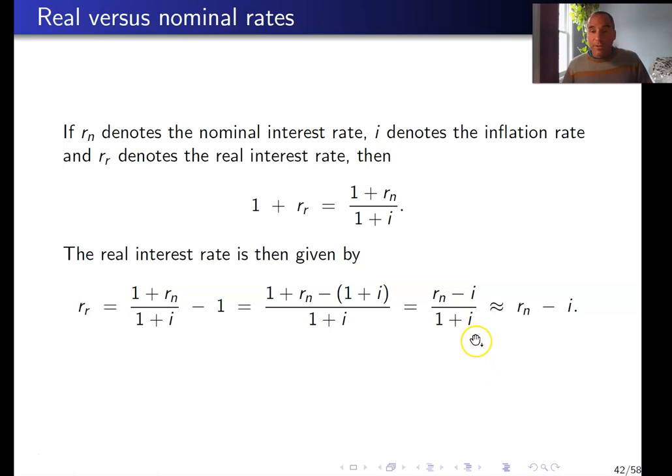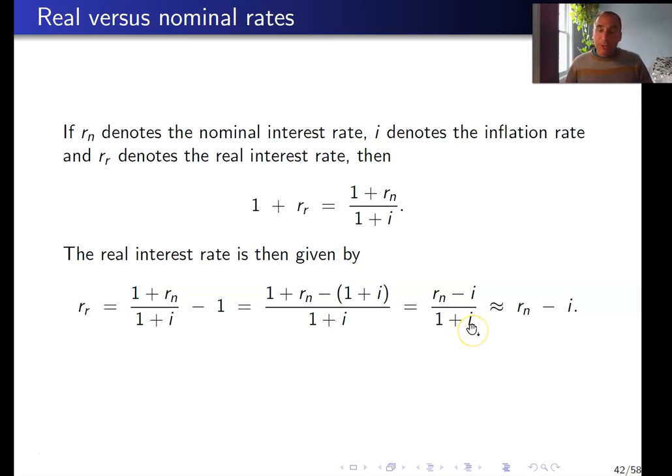If we rearrange this equation, we obtain that the real return on the investment is the difference between the nominal return and the inflation rate. In my grocery store example, that's 6% minus 2%. But to be exact in our calculation, we would also have to divide by 1 plus the inflation rate, which in my grocery store example is 1.02.